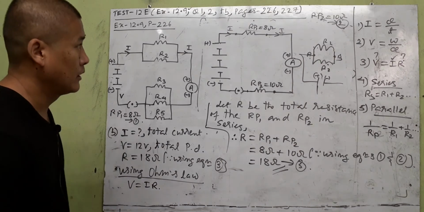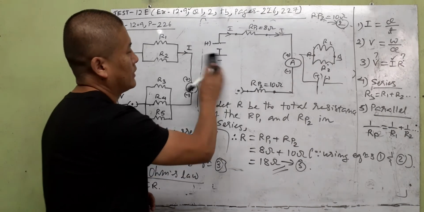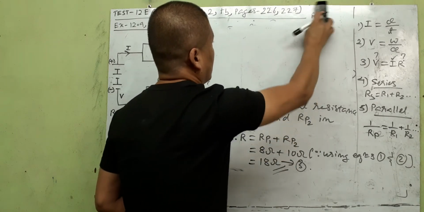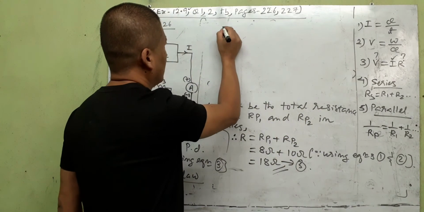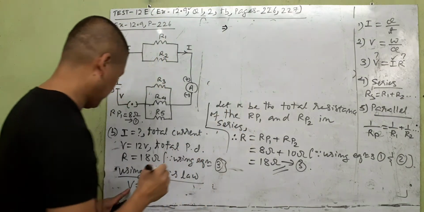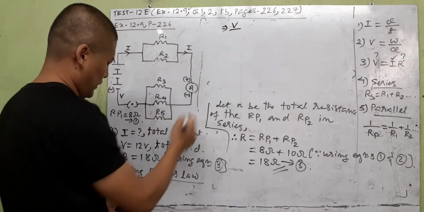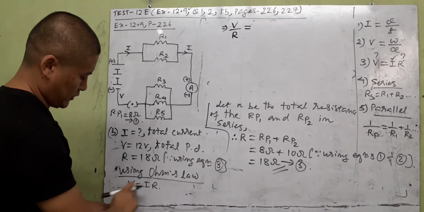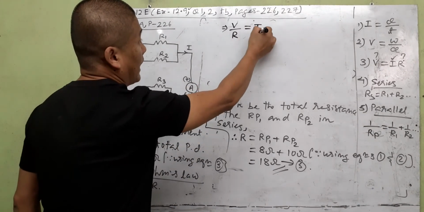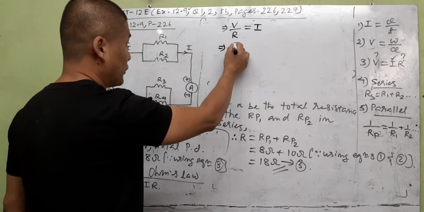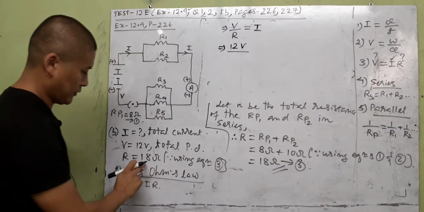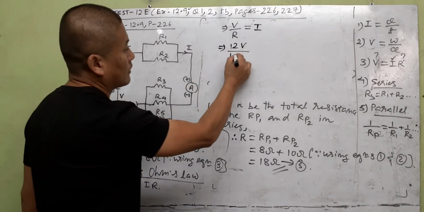V equal to I into R. Just write like that. The next step, this is already done, so I'll just write it out here. This is also done. That implies here, I equals V by R. You bring this R down, because if we shift it, the numerator will go to the denominator, and we want to find I. V is here 12 volts, as we have seen, divided by R, just now from equation number 3, 18 ohms.